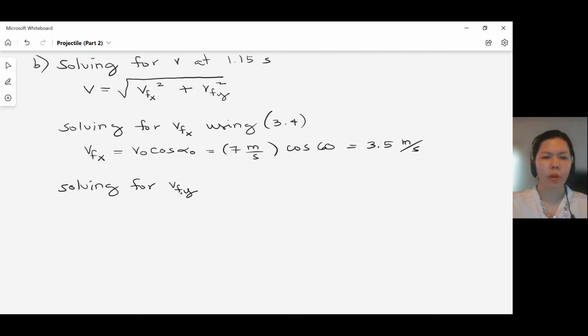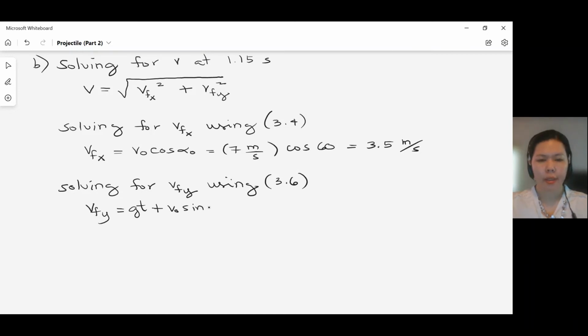Solving now for Vf sub y using 3.6, we have Vf sub y is equal to gt plus V naught sine alpha sub 0. Substitute the values.